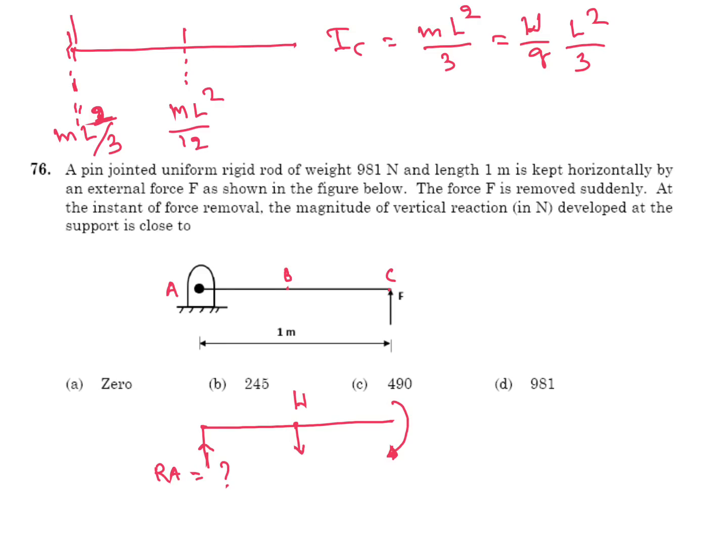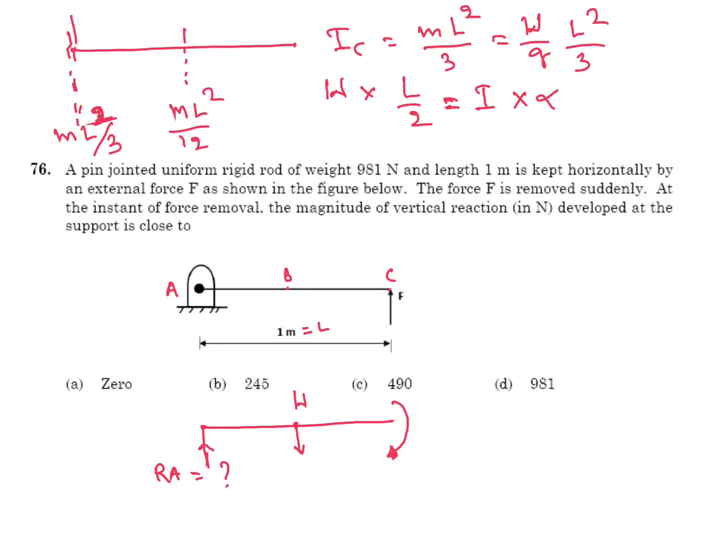Torque is W into distance. Distance is here L by 2, total distance is L. W into L by 2 equals mass moment of inertia I into alpha, angular acceleration. Torque is I alpha.